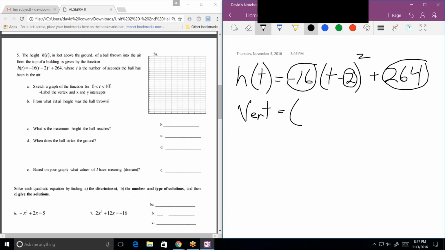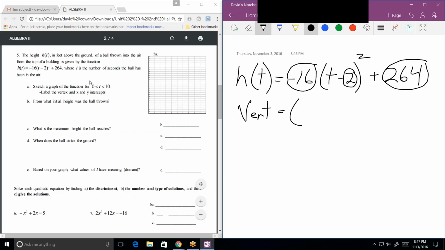So vertex would be t minus... No. Remember, it's X minus H. Or, in this case, T. In other words, the T here would normally be X. But when you're dealing with projectile motion or things falling, it's always T. Everything's always a function of time.